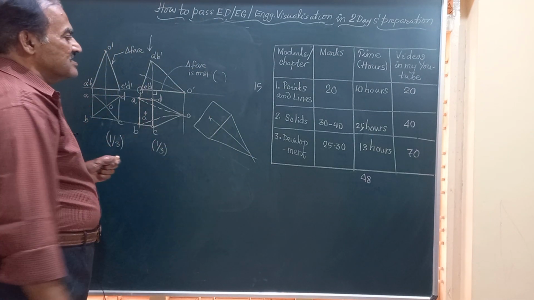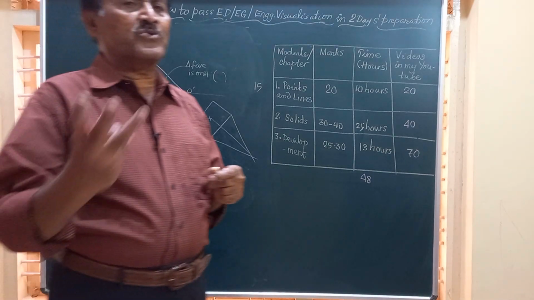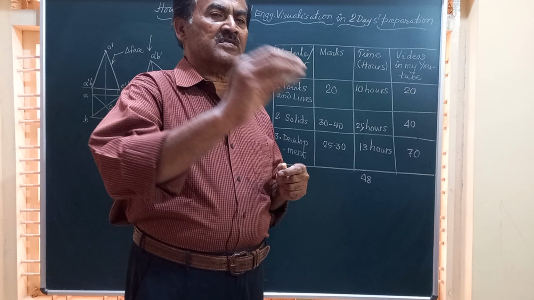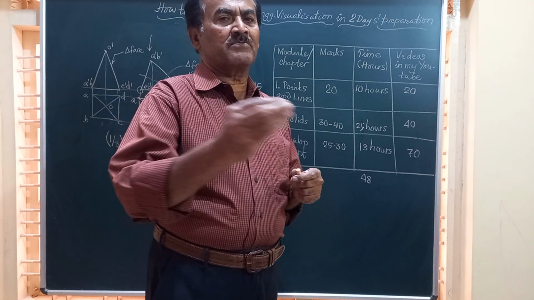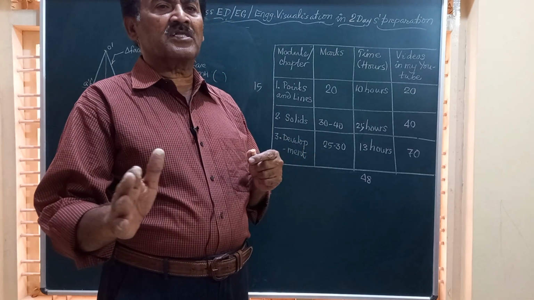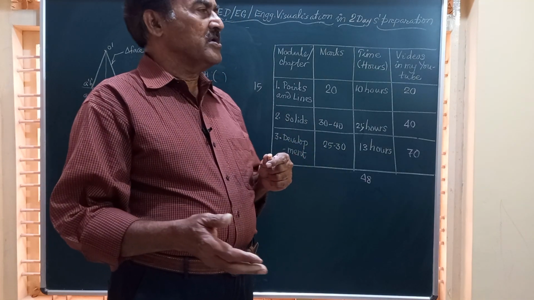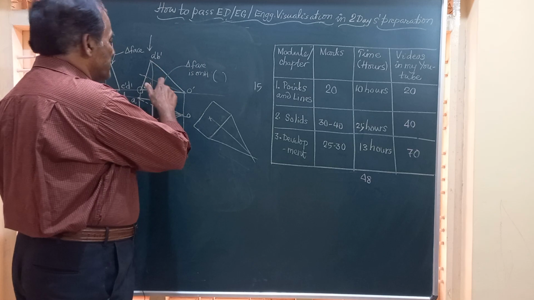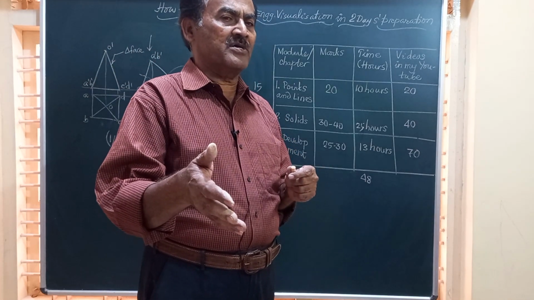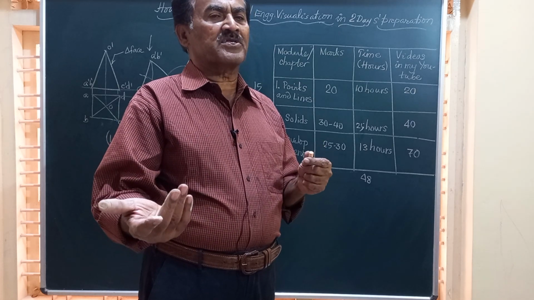Friends, like this, you will have three positions for all the problems on solids, whether it is a cylinder or a cone, a prism or a pyramid. The important choice of the examiners will generally, as I told before, be on the pyramids, pentagonal, triangular pyramids or a square pyramid, and it could be on prisms also.